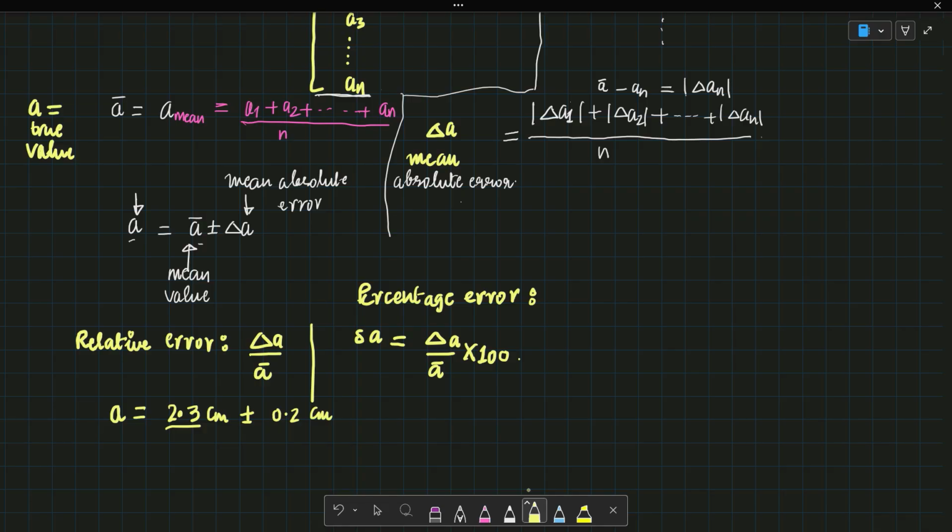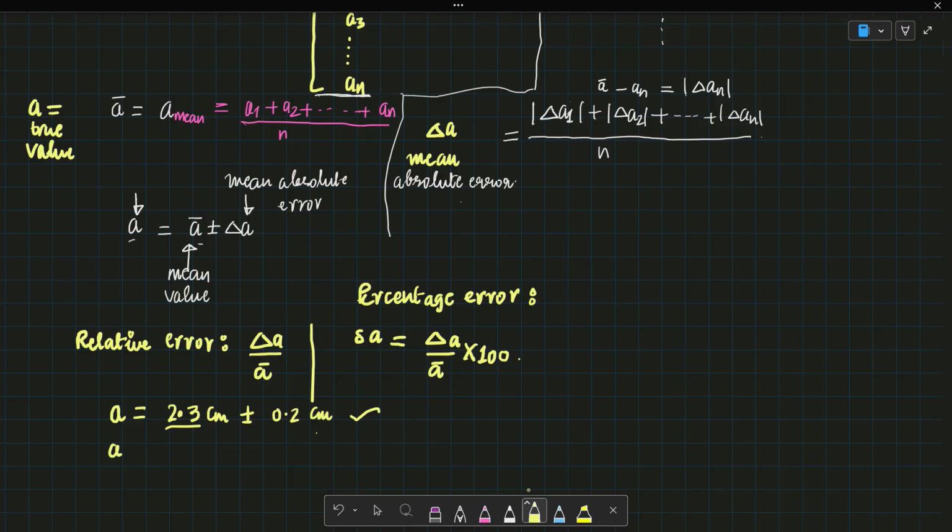So if it is asked to find the relative error, you will take 0.2 divided by 2.3, and if you are asked the percentage error, then you will multiply the relative error by 100. Hopefully this makes sense.